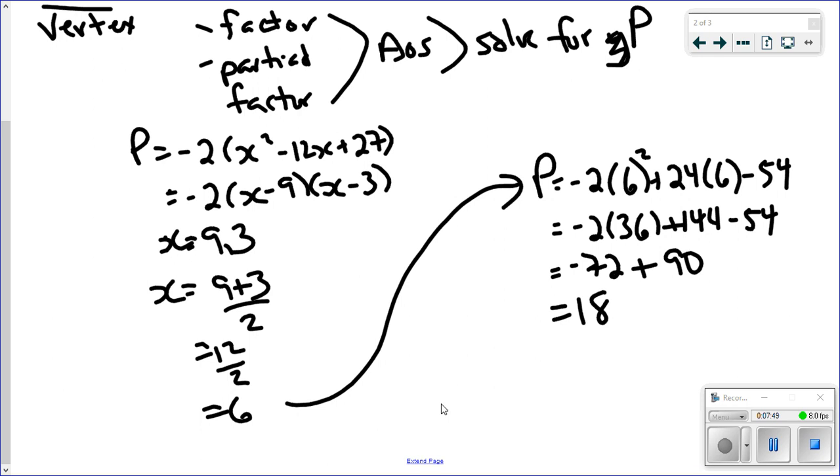I have to sell 600,000 shoes, right? Because x was the number of shoes.